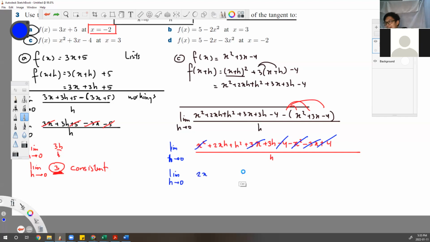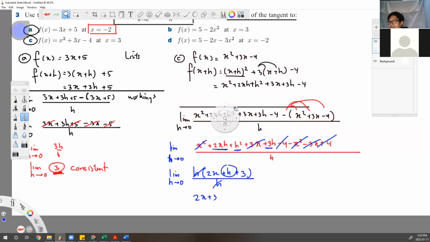If you want to be time efficient, you can factorize h out. So 2x plus h plus 3, right? No more. Over h. Cross, cross. And then the h is ignorable here. So the answer will be 2x plus 3.